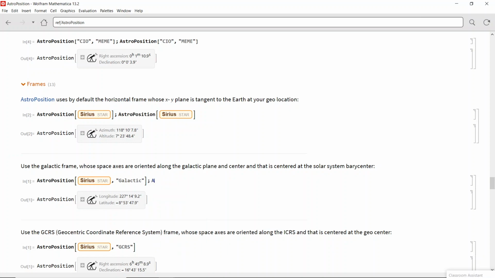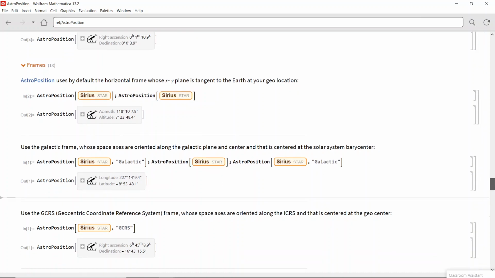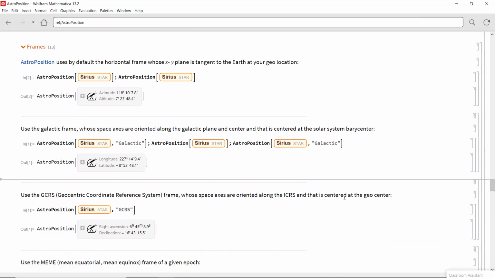AstroPosition, here, let me do galactic, 227 degrees 14 minutes, -8 degrees 53 minutes. Use the GCRS geocentric reference frame whose space axes are oriented along the ICRS and that is centered at the geocenter.